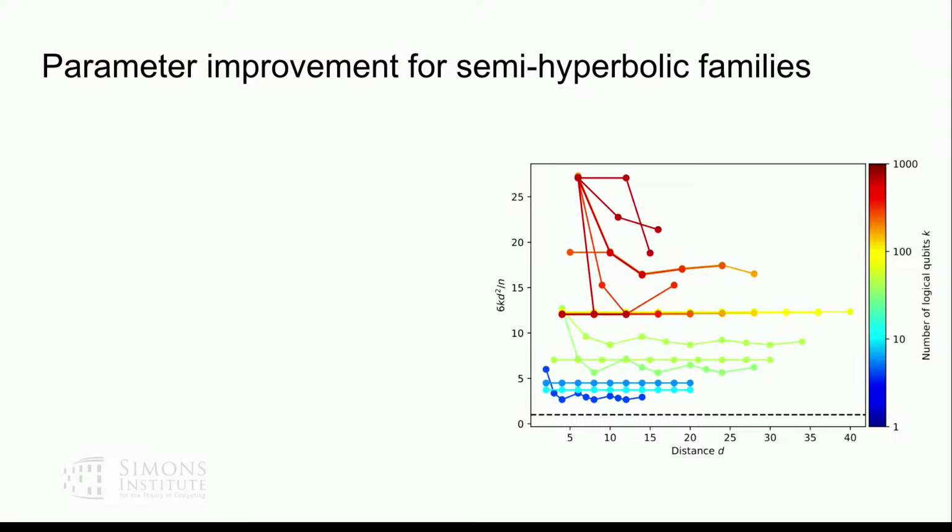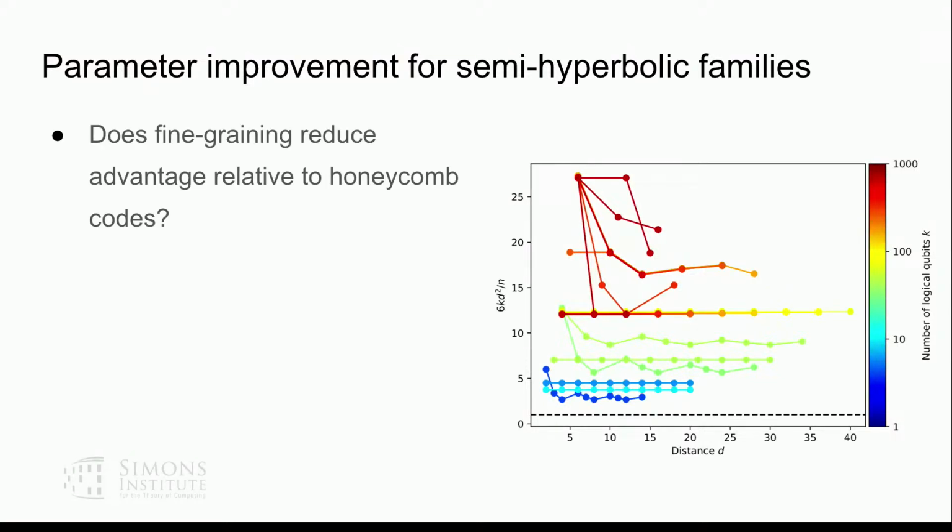But we do it via fine graining this dual tiling. Now we might worry that by fine graining, we're losing our advantage relative to the honeycomb codes. It turns out that's not the case. That's what this plot here is showing. The question is, does fine graining reduce the advantage relative to honeycomb codes? We're boosting the distance in a way that allows us to gain exponential suppression of logical errors, but have we lost the advantage?